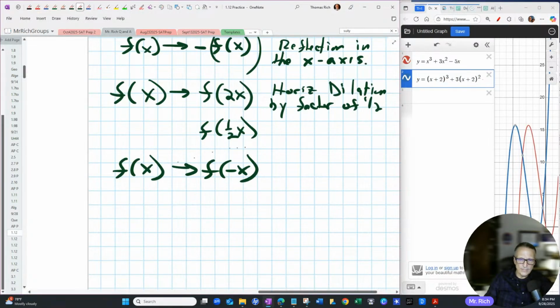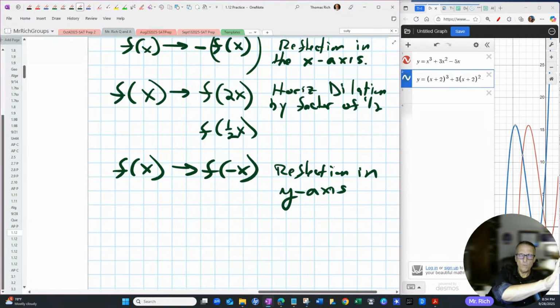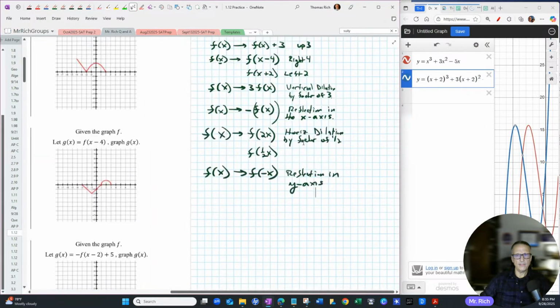But when all the x's become negative x's, what you are doing there is reflecting in the x-axis. Excuse me, reflecting in the y-axis. In other words, all the positive x's become negative. So you're flipping the thing around the y-axis. The stuff that was to the right of the y-axis, all those points are going to an equal distance, but on the left side of that y-axis. All right. So those are the transformations.